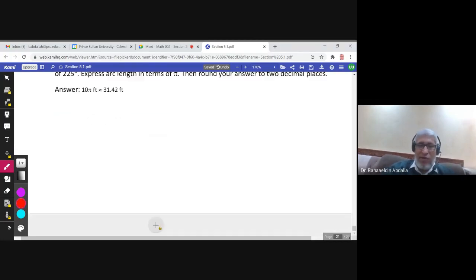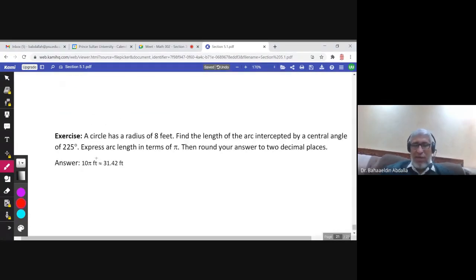Let us look finally at this exercise, and this is the answer. You need to solve it by yourself, but let me check that it is the same question. Radius equals 8. We need arc length, so we need S, which is R times theta, for a central angle of 225 degrees.